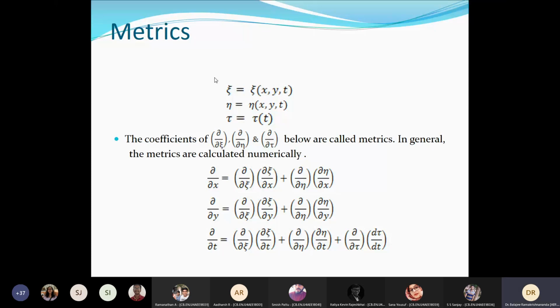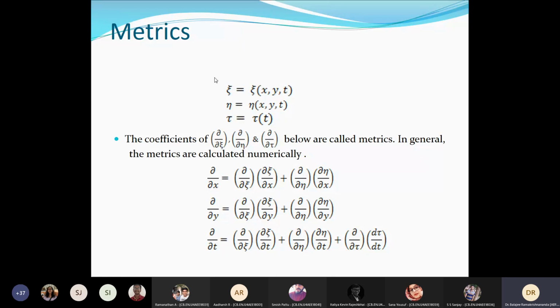So the mathematics, the coefficients of dou by dou zeta, dou by dou eta, and dou by dou tau. We look at the below one first.